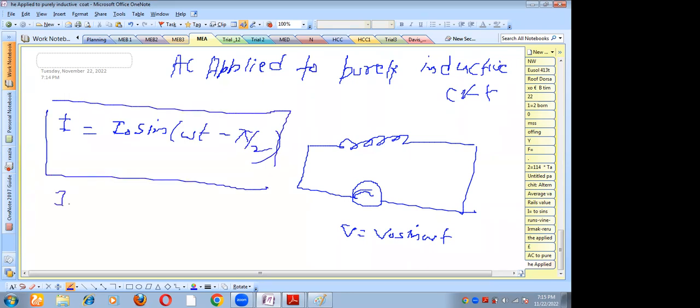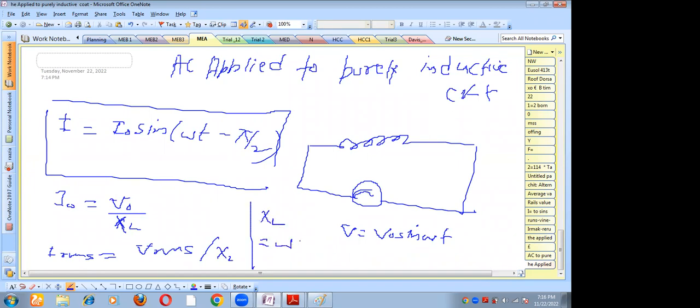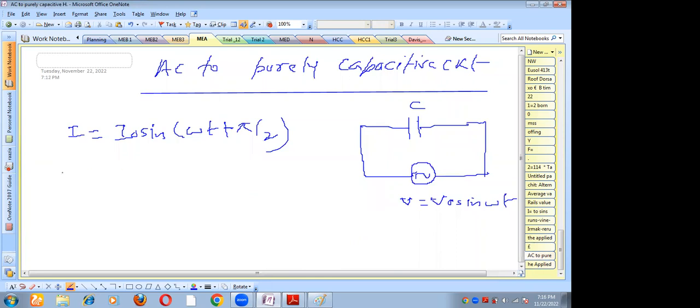Here I naught will be equal to I RMS, and X_L is equal to omega L. Understood?